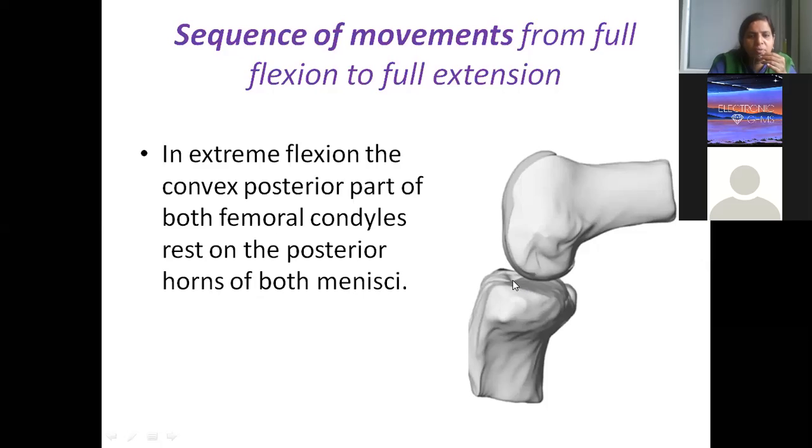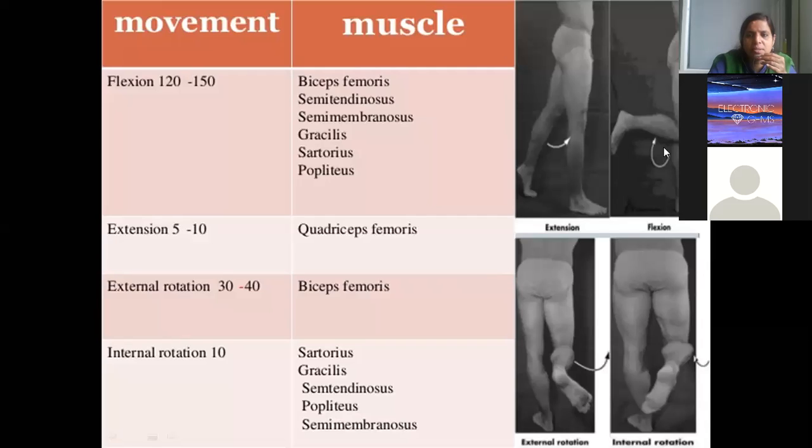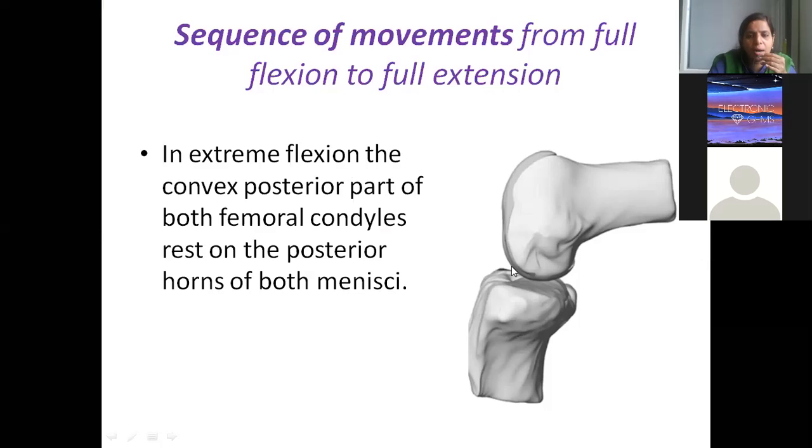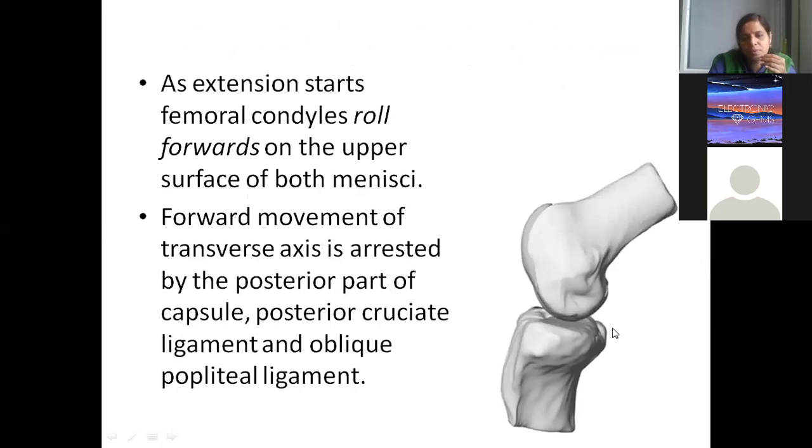In extreme flexion, something like this, complete flexion, the convex posterior part of the femoral condyles rests on the posterior horns of the medial and lateral menisci. Gradually, you can see these condyles of the femur are moving forwards as extension starts.